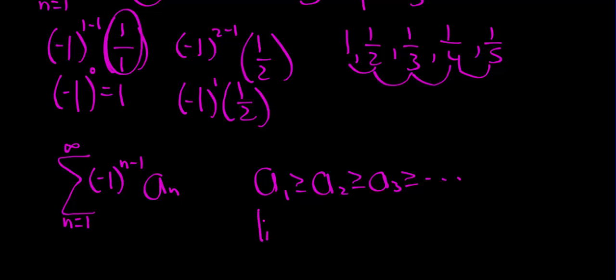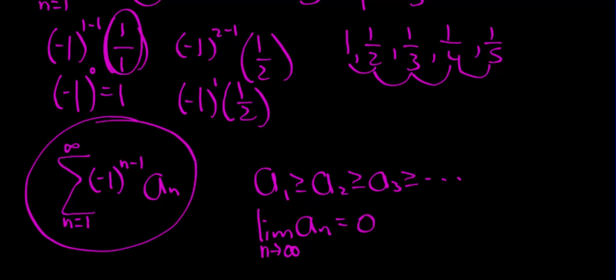And furthermore, suppose the nth term test is satisfied. When those two conditions are met for this alternating series, the series will definitely converge.